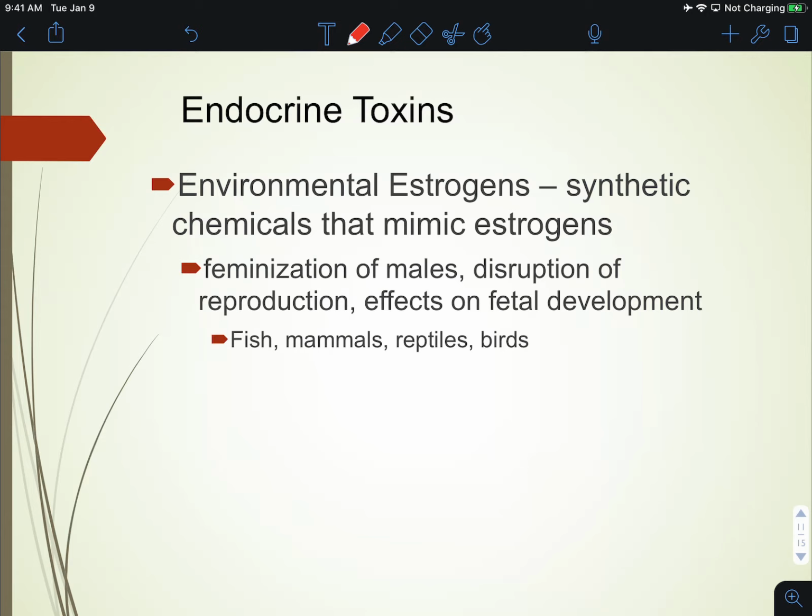So that's just one of these hormones produced by the endocrine system, and these endocrine toxins can mimic and interfere with. So what happens is sometimes they behave like these hormones, and they trigger a response in your body when it shouldn't happen.